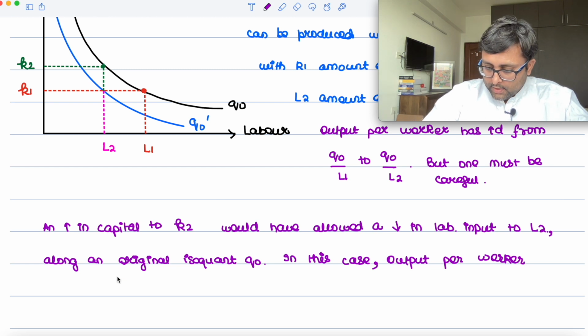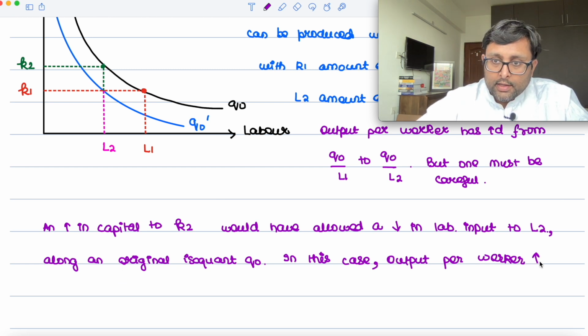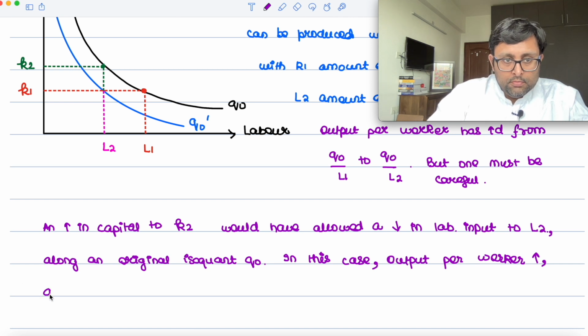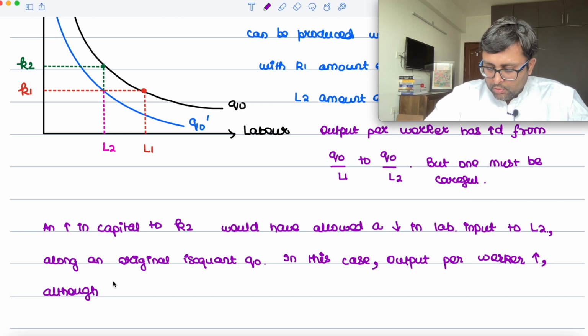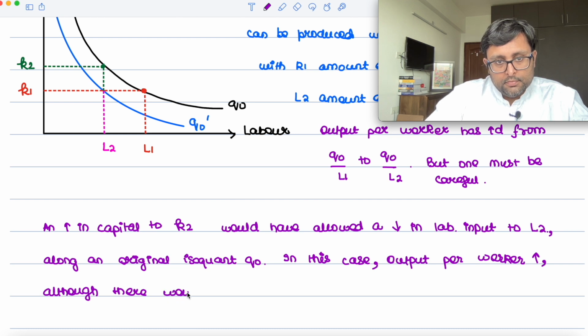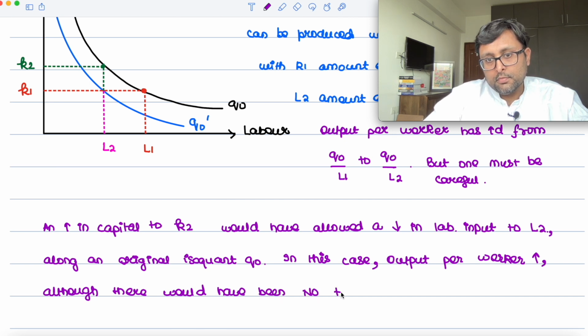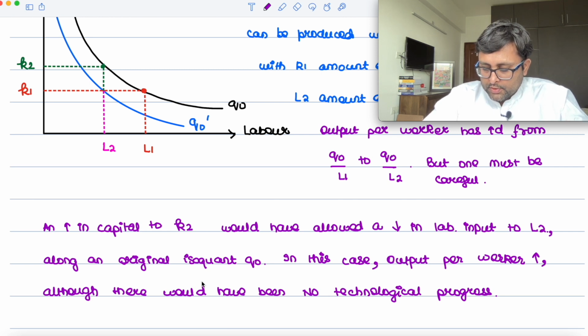Output per worker increased, although there would have been no technological progress.